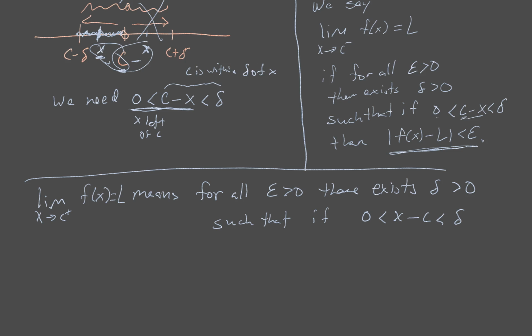So if my inputs are close enough together, then the outputs f of x minus L are close enough together. Okay, so that's the definitions of these things and the picture of what's going on.